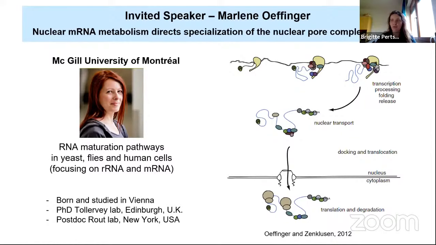She is actually originally from Austria and studied in Vienna. And then she moved to a famous RNA biology lab, David Tollervey's lab in Edinburgh, for a PhD thesis, and then went on to a famous nuclear pore specialized lab, Mike Rout's lab in New York, for a postdoc.